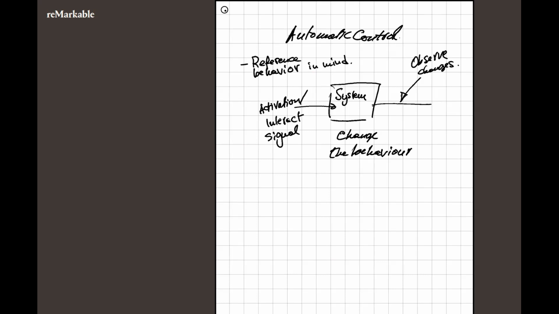We need to complement this figure with a couple of extra blocks. The observed changes we capture via a measurement system, or measurement block.